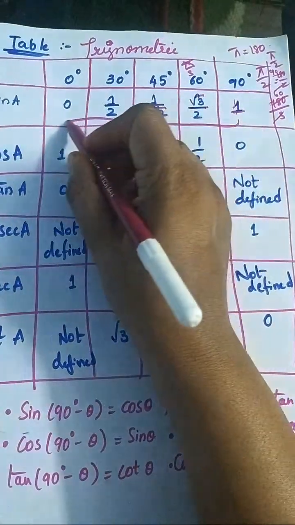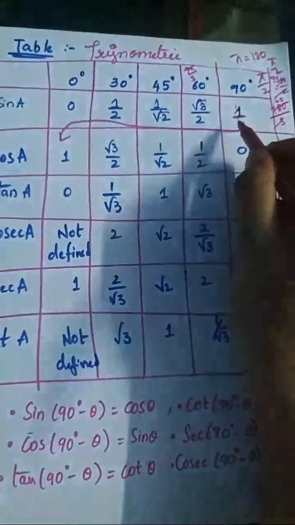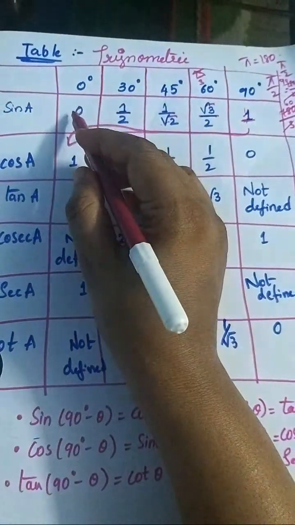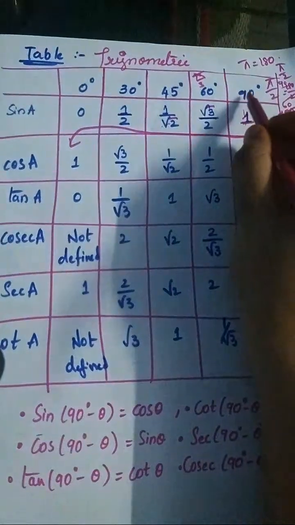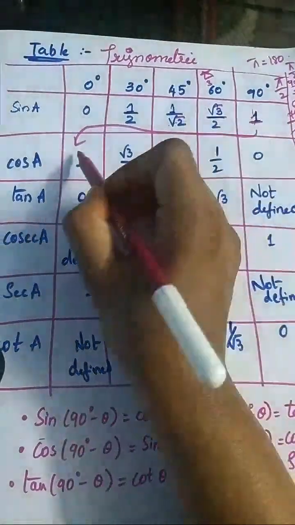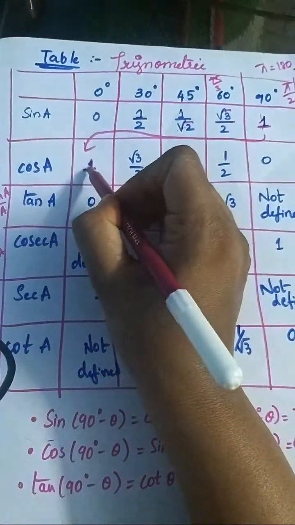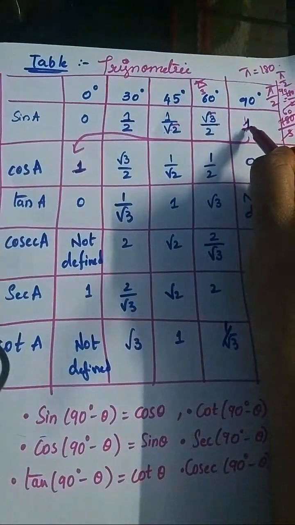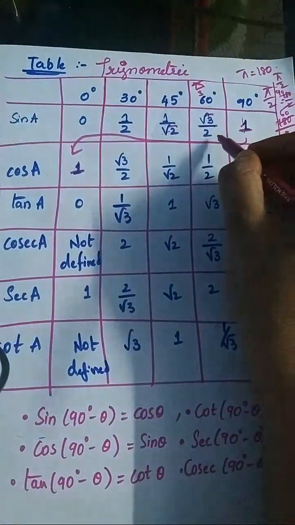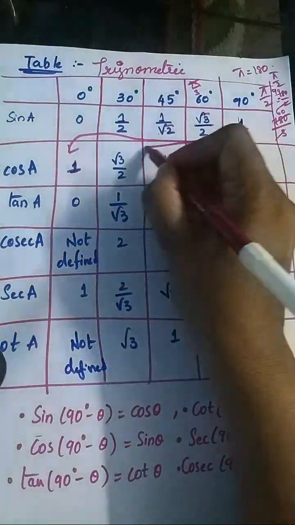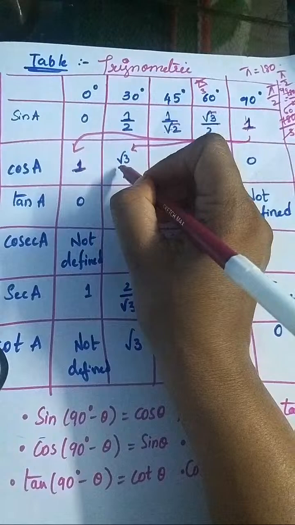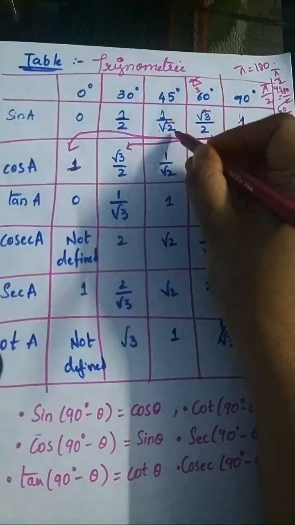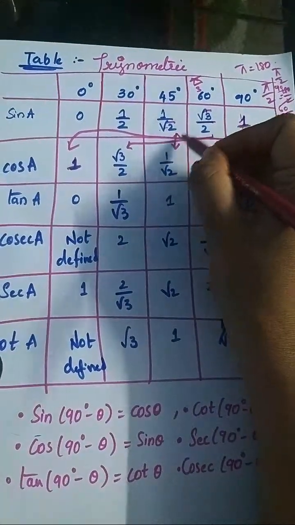See here, reverse order. 1 comes to 0 degrees, it becomes 90 degrees. 1 comes to the first place. Last place value comes to first place. Second place value comes to second place, and third place value, third place same.